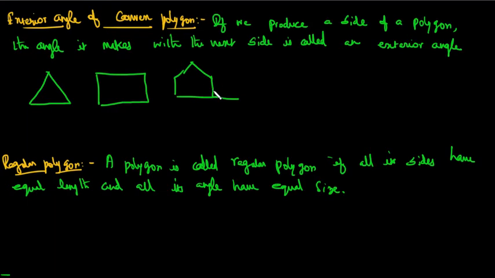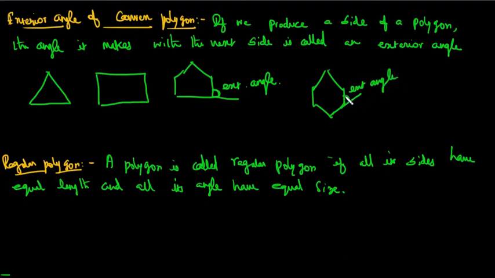So this angle is called the exterior angle. If you have a hexagon, I'm going to produce a side, then it makes an angle with the next side. This is called the exterior angle.